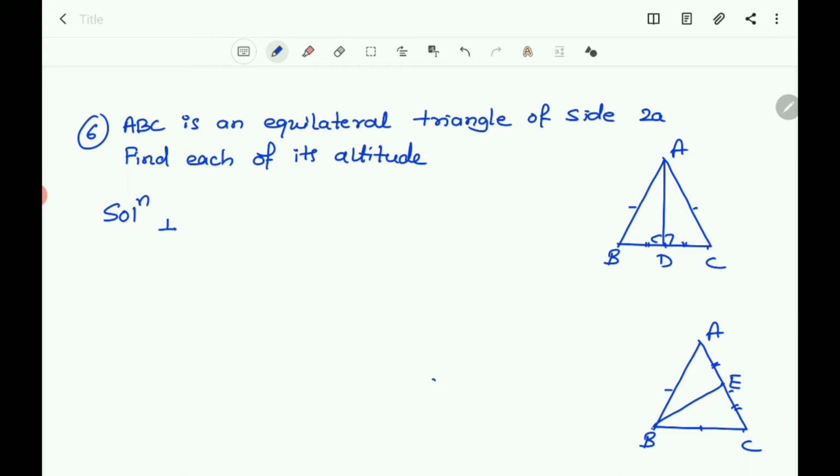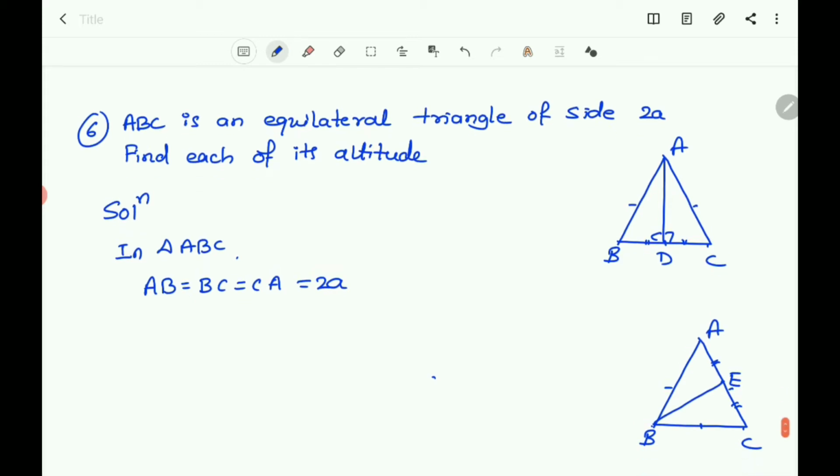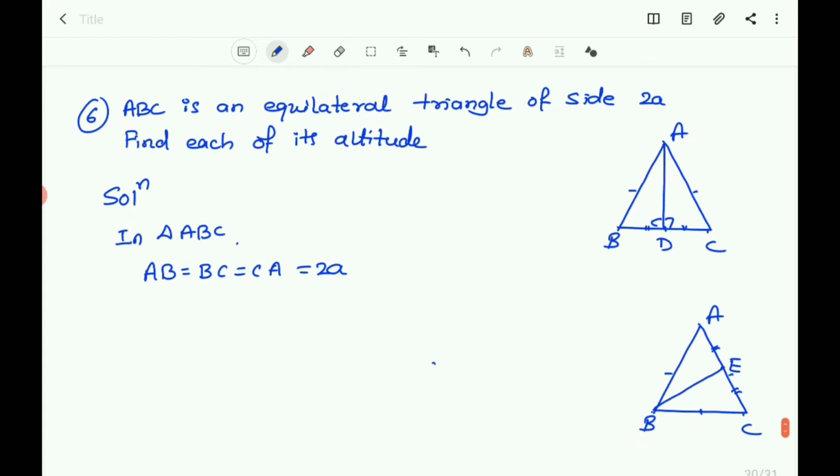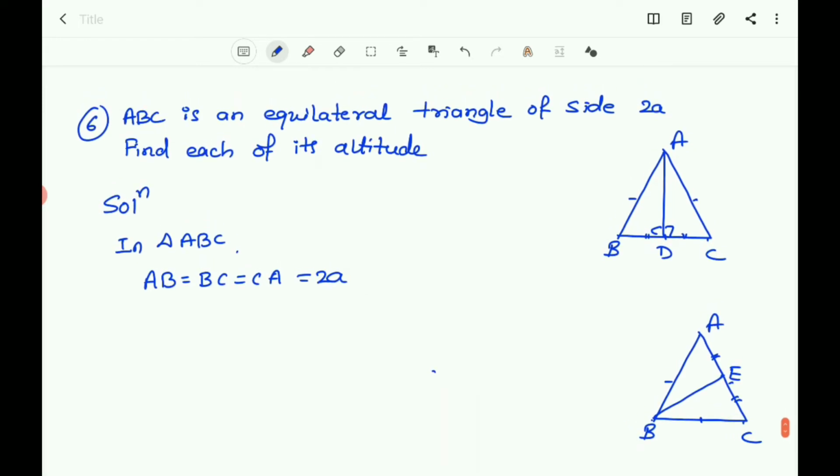What is given here? In triangle ABC, AB is equal to BC is equal to CA, all are equal to 2A here. Now, to find the measurement of the altitude, we have to use the Pythagoras theorem.